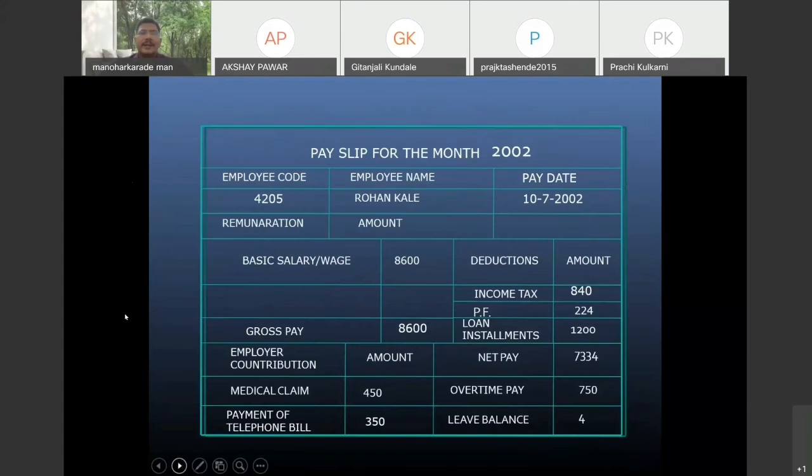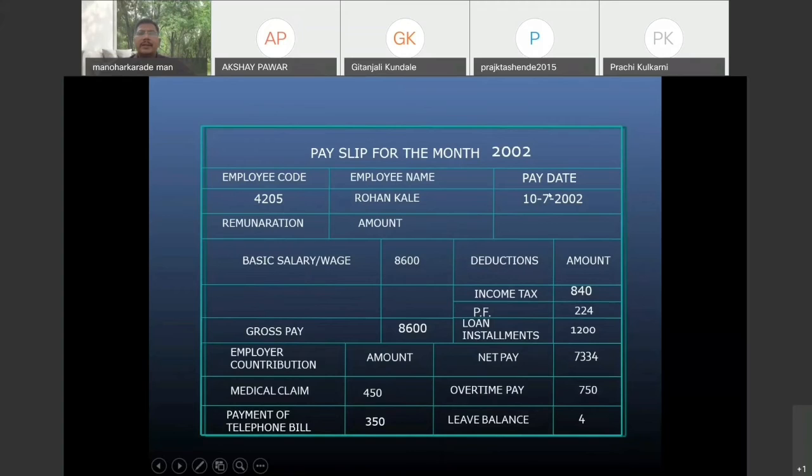Now let's take an example. I have given you one example, a payment slip for the month of 2002. By code. Normally every organization gives a code because there are so many employees. If you know the code, you will put the code and automatically it will generate the name of that person. Rohan Kale.